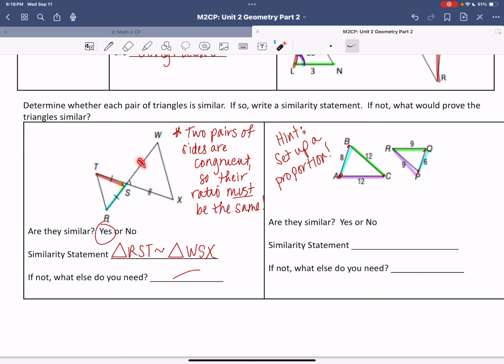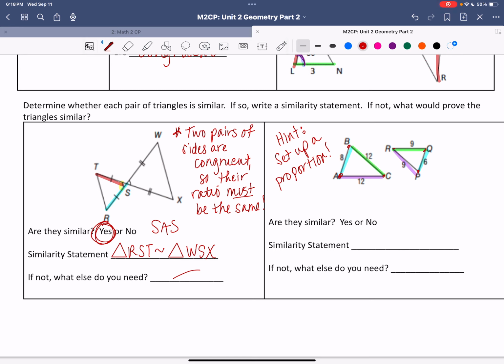Well then, if these two are congruent, then this side must be proportional to this side. So you can use side, angle, side. So are they similar? Yes, using side, angle, side.